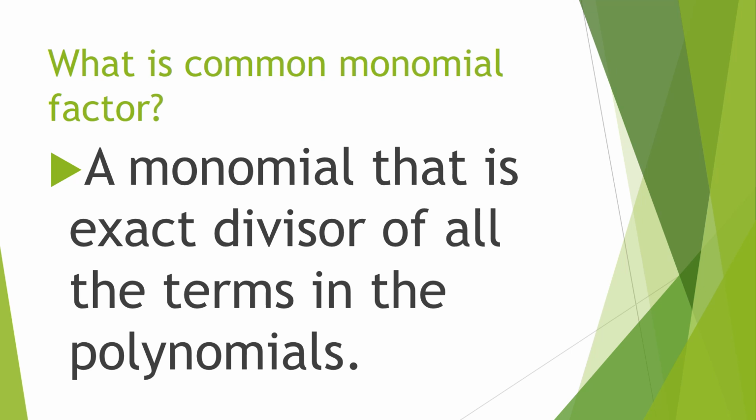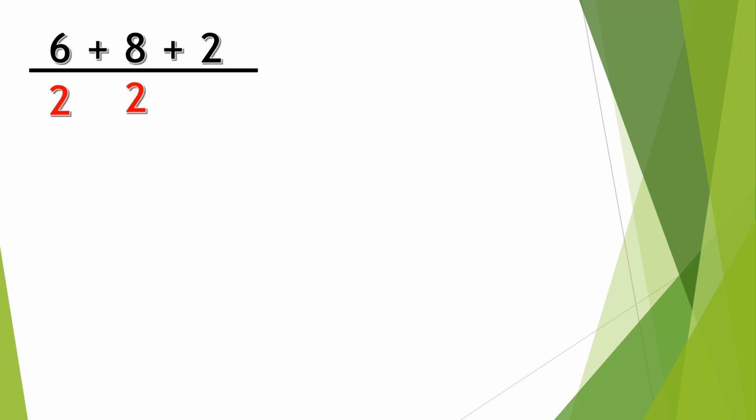What is a common monomial factor? A monomial that is an exact divisor of all the terms in the polynomial. Example, we have 6, 8, and 2. So, ano yung kanilang GCF? We can divide these by 2.